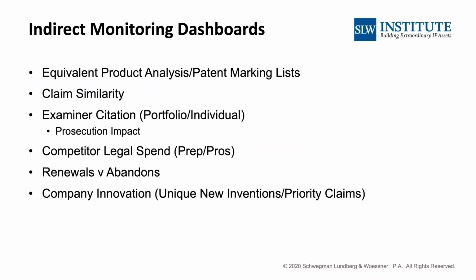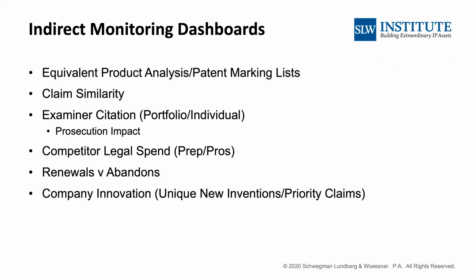One of the things that I like to work with, especially if you're looking across a full benchmark of your portfolio versus other people's portfolios, is taking equivalent product analysis. Because the unfortunate thing about claims is that, even though they're meant to be broad, in many cases they will have a feature or facet in them that misses someone else's product that you're trying to target by just so much.